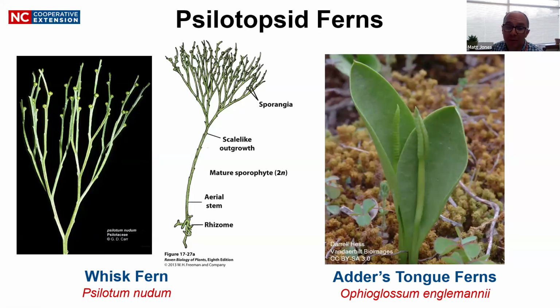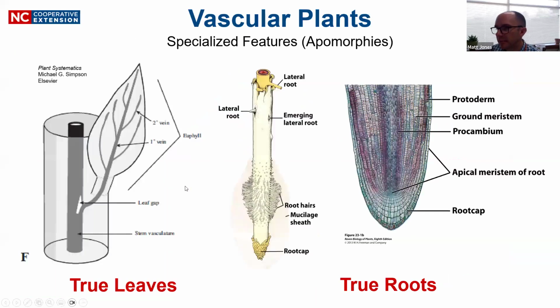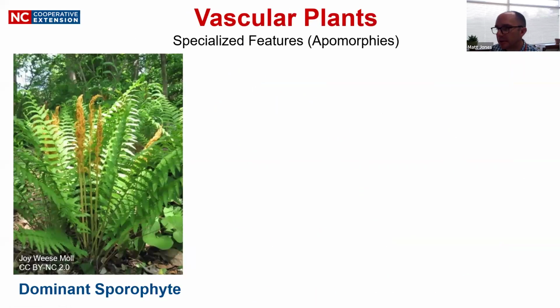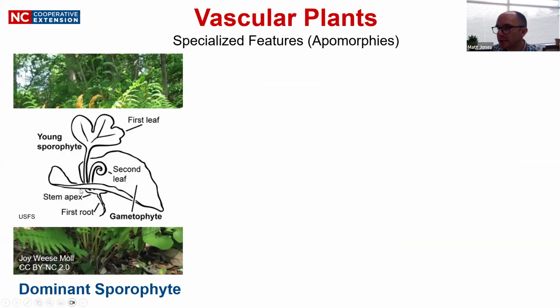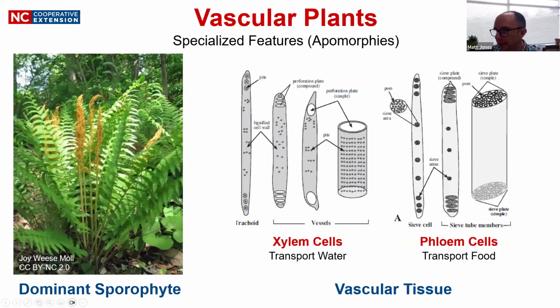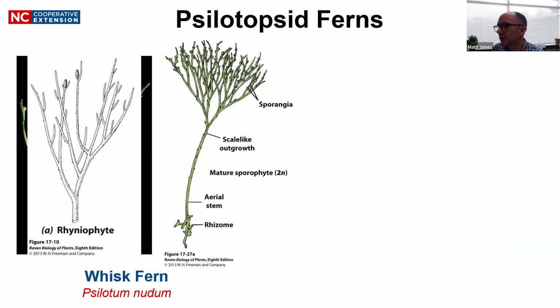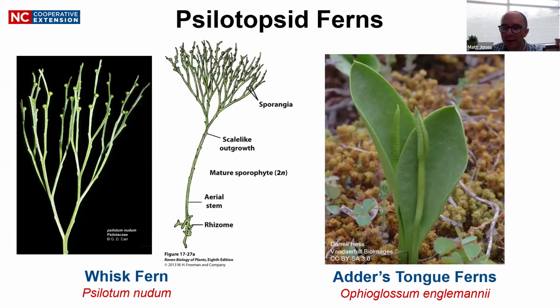And apparently, I should add too that their gametophyte phase, so their version of this structure here, that releases sperm and also contains egg structures, is underground and actually requires a fungus to help it grow.